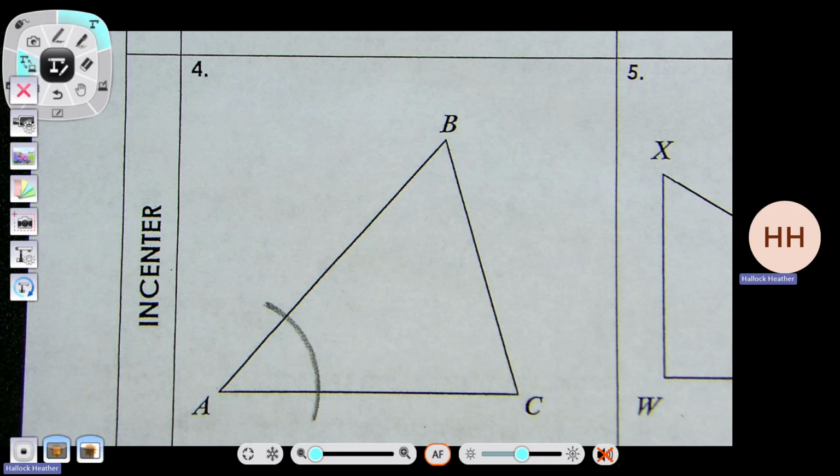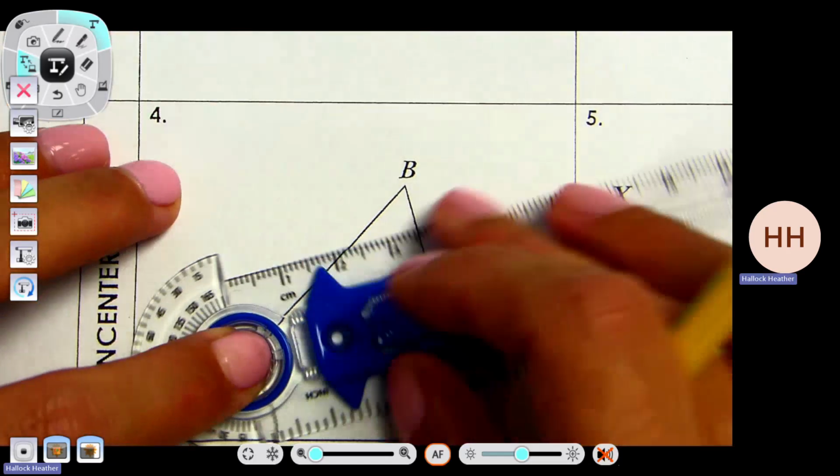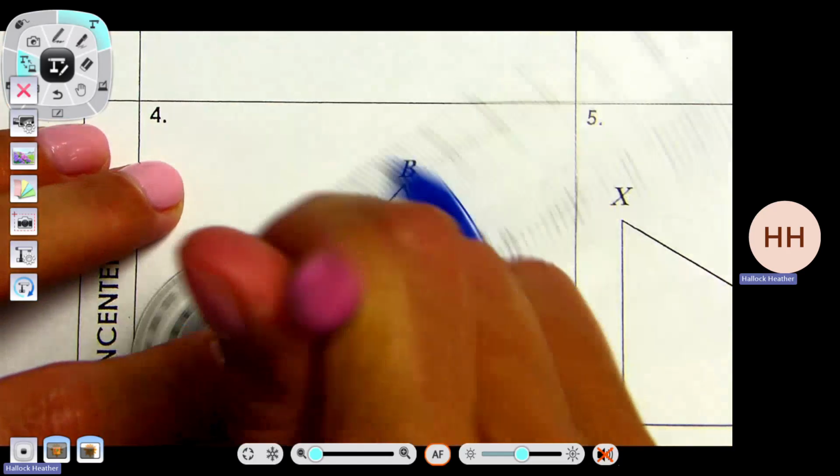Because you already did that arc, now you need to carry that arc. If your arc marks don't cross, like I'll show you an example of when they don't cross.